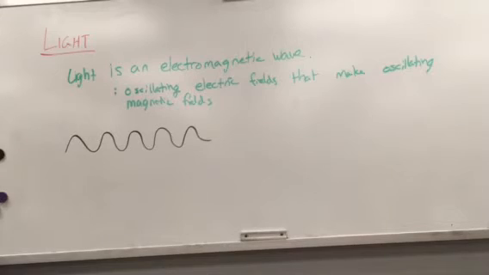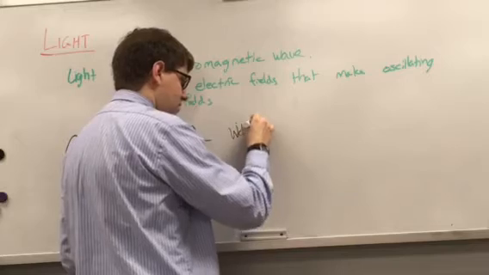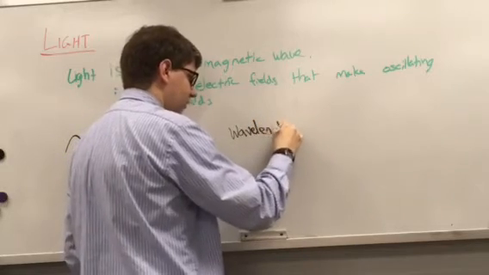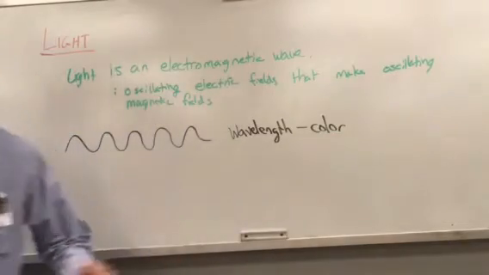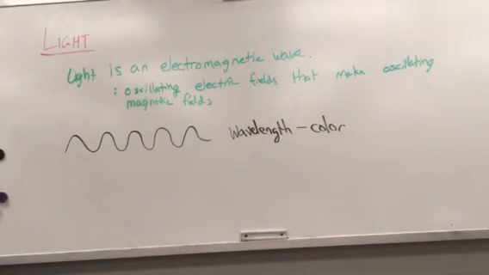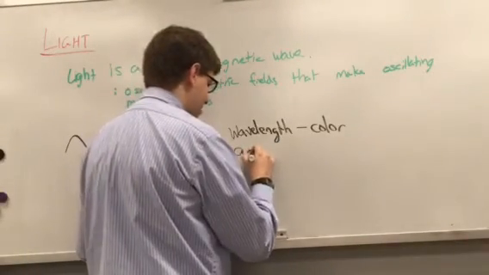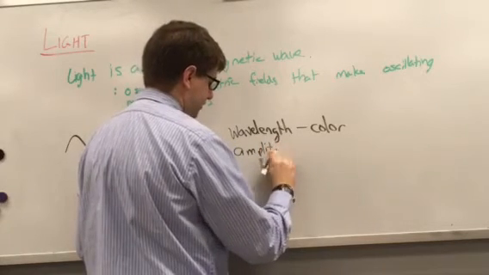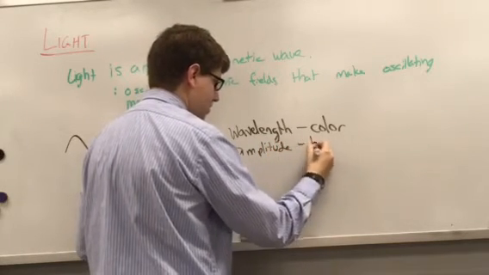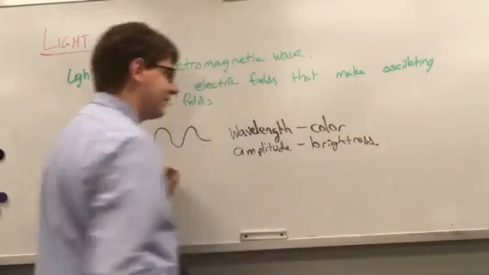So first of all, the wavelength of a wave will correspond to the color, at least when we're dealing with visible light. And then the amplitude of the wave will correspond to how bright. Amplitude will correspond to the brightness of the wave.